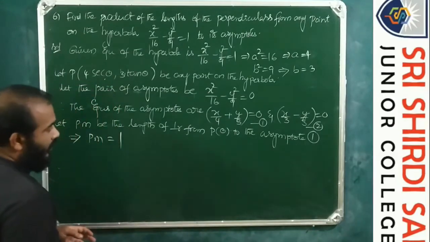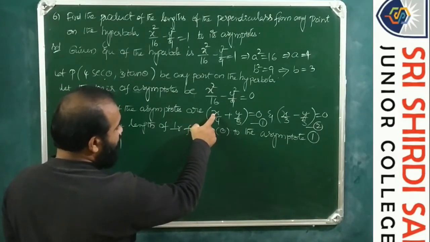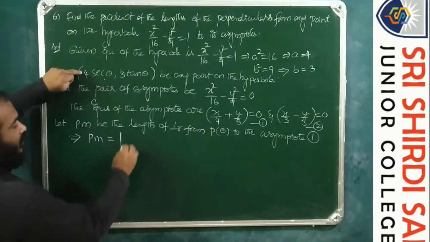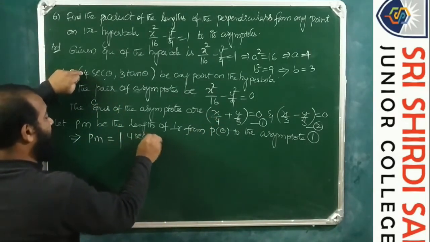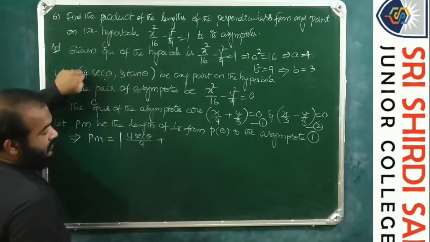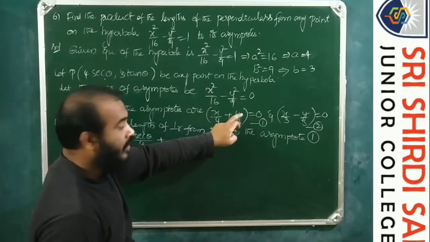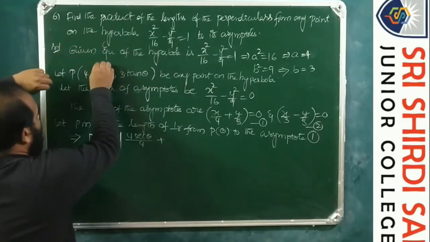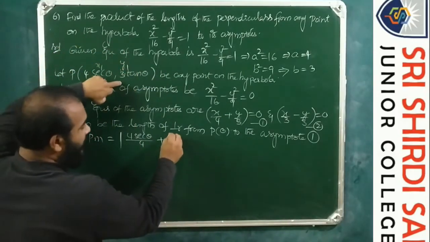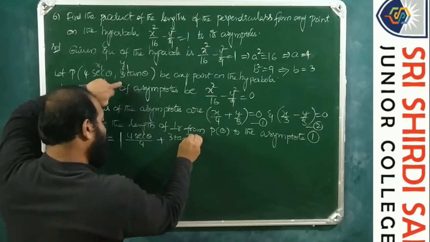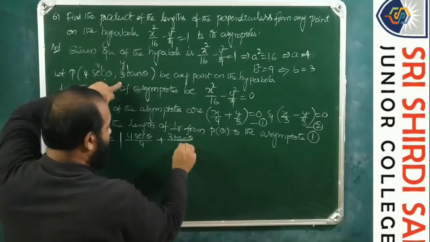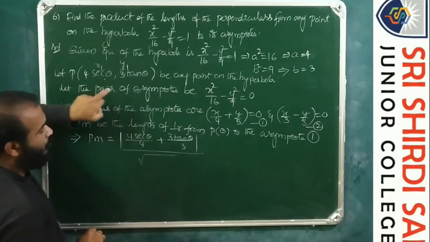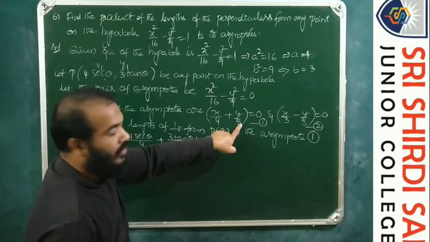So in the place of x1, what is x1 here? 4 secant theta. So 4 secant theta by 4 plus, in the place of y1, what is y1? This is x1, this is y1. So 3 tan theta by 3, by square root of the square of the coefficient of x plus square of the coefficient of y.